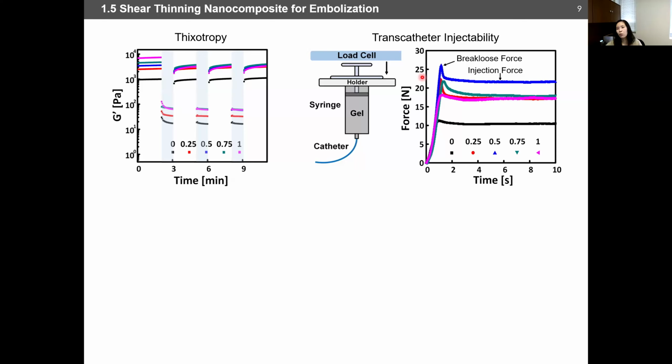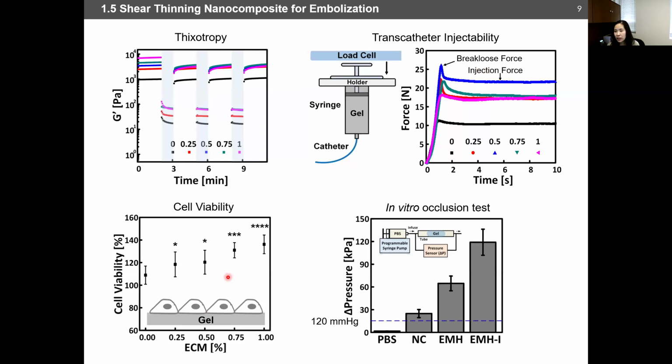So you can imagine if you want to pass something through a very long tube with a very short cross-section, the injection force increases significantly. But with this shear thinning property, we were able to get all the hand injection forces below a peak of, in this case, 30 newtons. And for a comfortable human injection range, that should be below 60 newtons, so that our material, again, is hand injectable. That is also in a controllable manner for the clinicians to use.